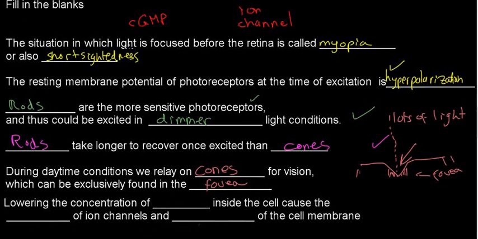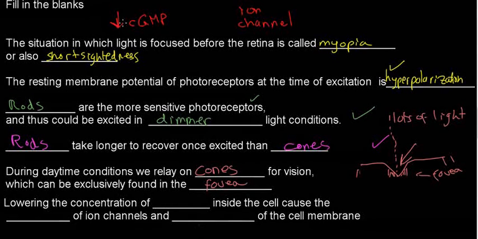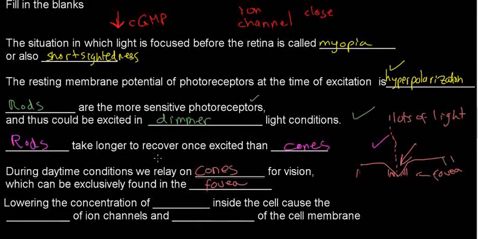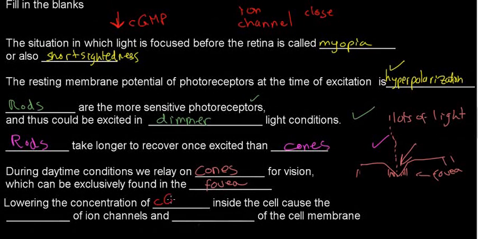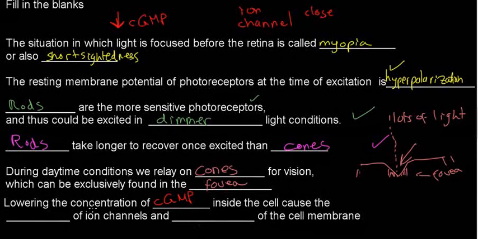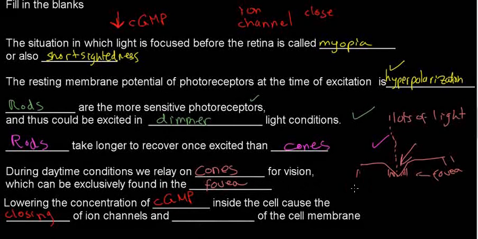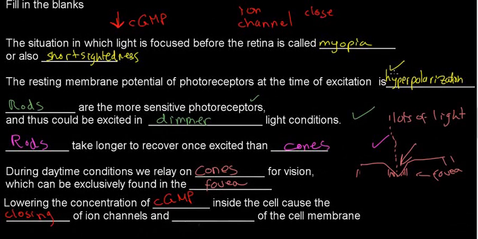So cGMP activates the ion channel. So when cGMP is present, they are open. So when the cGMP concentration is lowered, the ion channels close. So lowering the concentration of cGMP inside the cell cause the closing of ion channels.